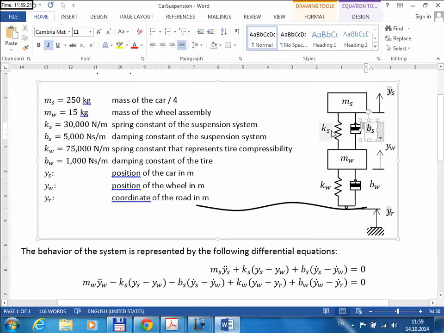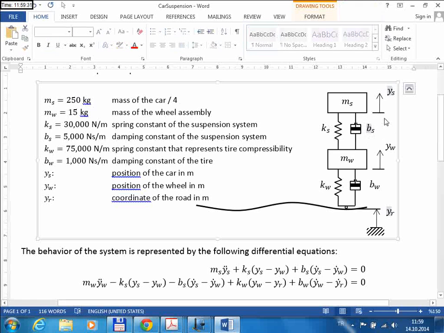You can choose an appropriate spring constant or an appropriate damping constant to improve that performance. Or now in some cars they do some active control. They can change spring constant and the damper constant mechanically to make this car more comfortable. Okay.